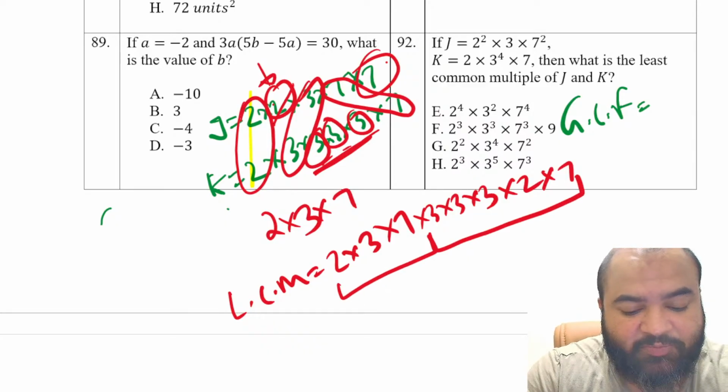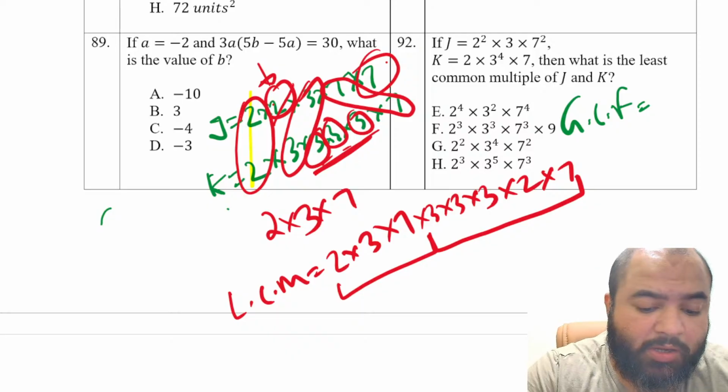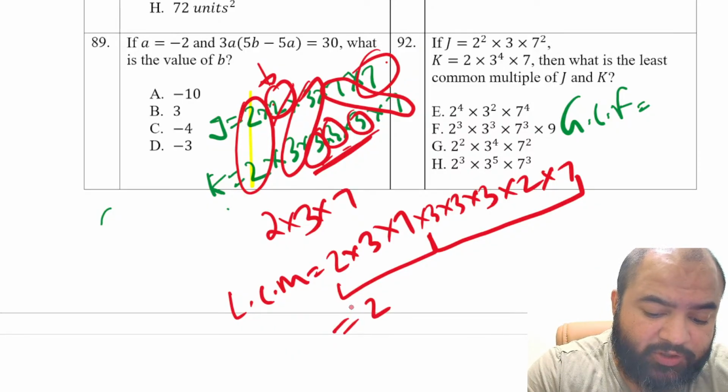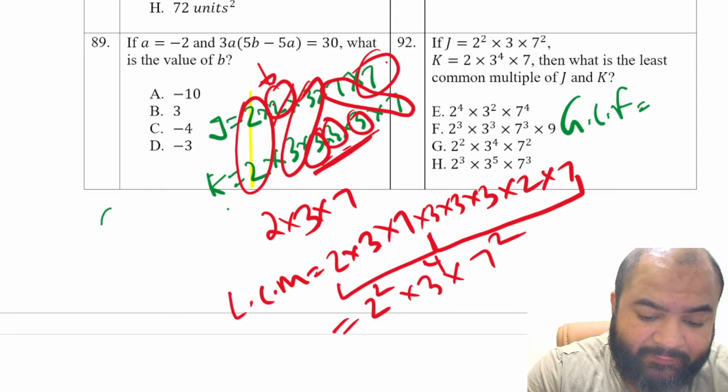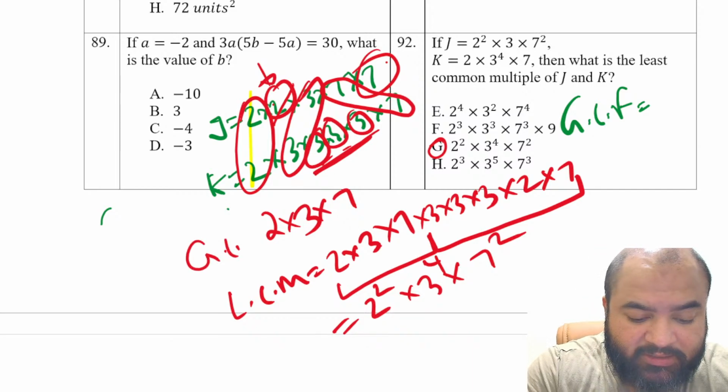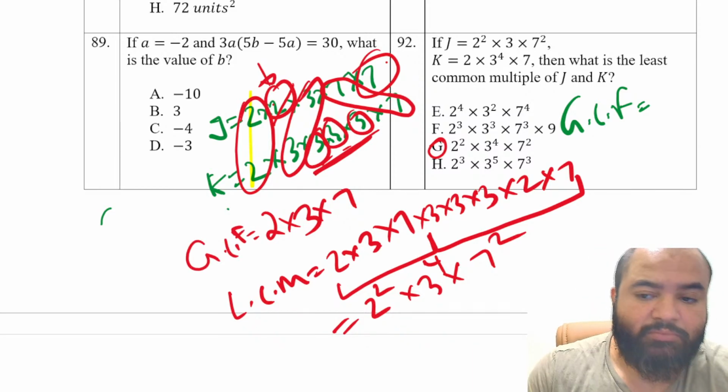GCF is just the first part. LCM is both. So how many 2's? We have two 2's, four 3's, and two 7's. This is the LCM. Any question?